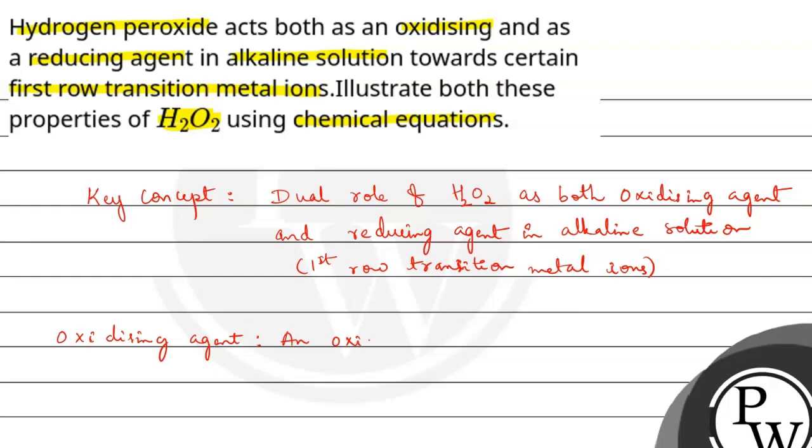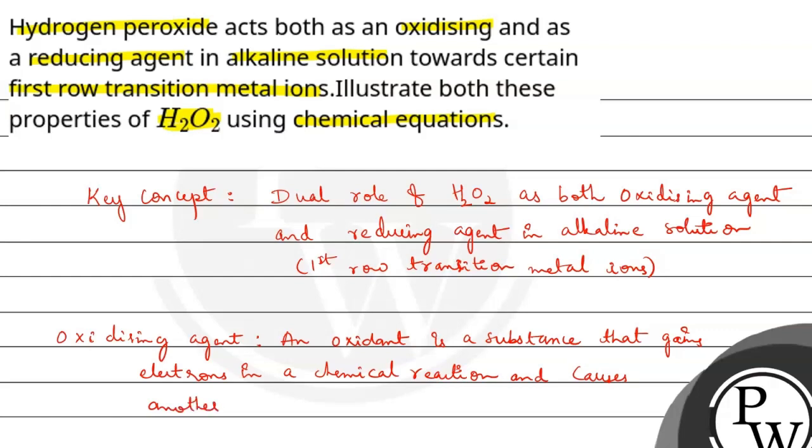Therefore, an oxidant is a substance that gains electrons in a chemical reaction and in the process causes another substance to lose electrons.